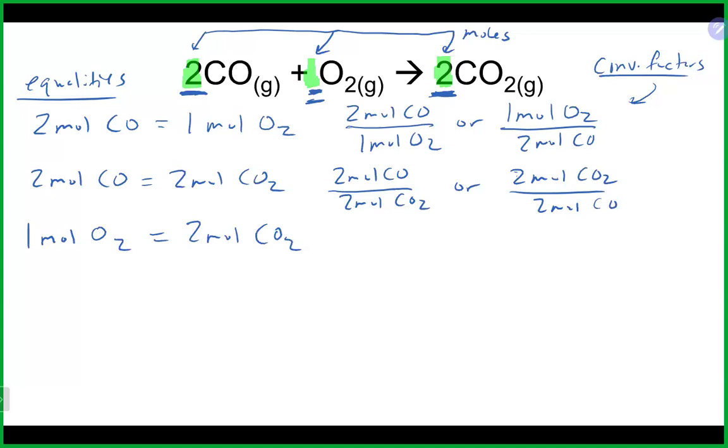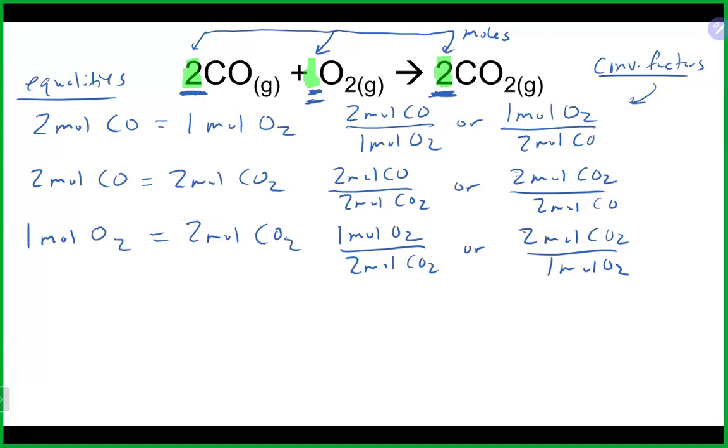Which again is going to give me an option of 2 more conversion factors that I could use. 1 mole of O2 gives 2 moles of CO2, or flip it around, 2 moles of CO2 gives me 1 mole of O2. So from this one balanced equation, I basically have the option of using 6 different conversion factors just from this one equation.